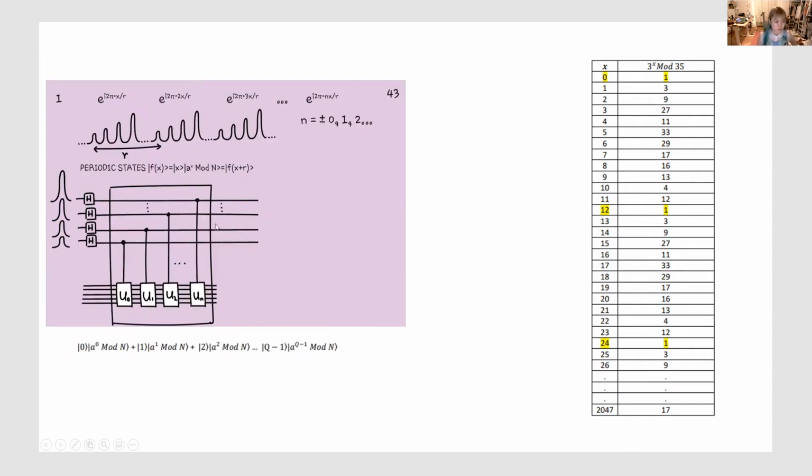And then inside this box here are the oracles that we have seen previously, which have some kind of control based on the input qubits. What this does is really put everything into superposition and entanglement. You can imagine that in here, the amplitudes, the wave would look something like this.